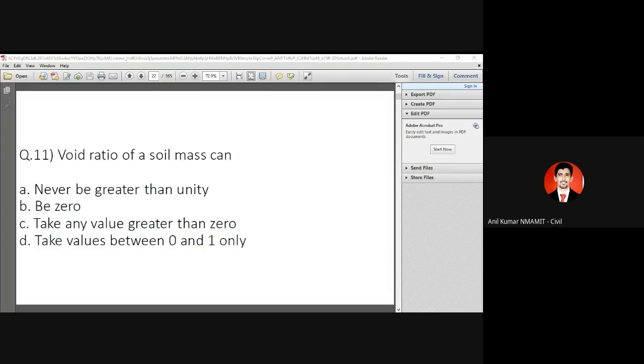One student is giving me the answer as C. Next. Think and tell me the answer. Please think and tell me the answers. Anyone else?